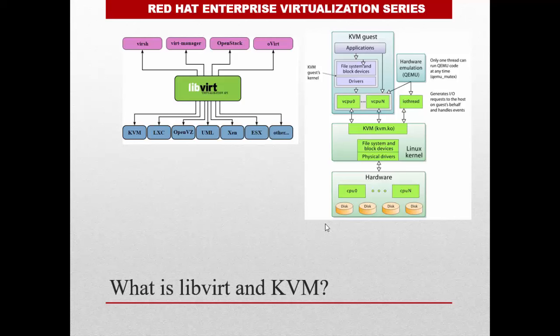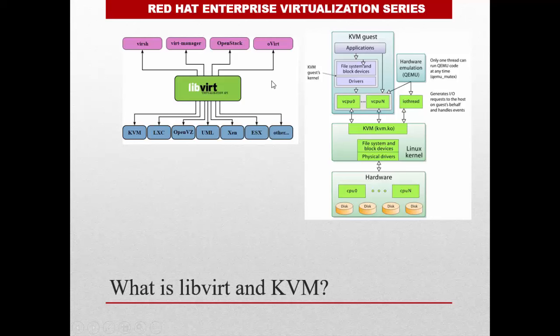KVM will have all the modules that are needed to emulate your physical devices, such as SCSI controllers and your physical NICs as virtual NICs, and so on and so forth. And QEMU will actually talk to KVM in order to access the physical devices, such as your disks and your NICs.